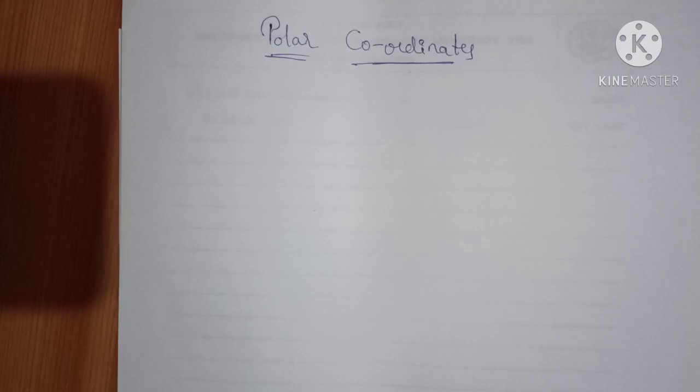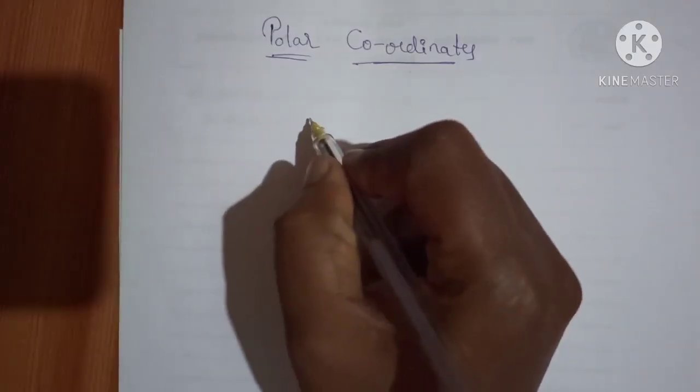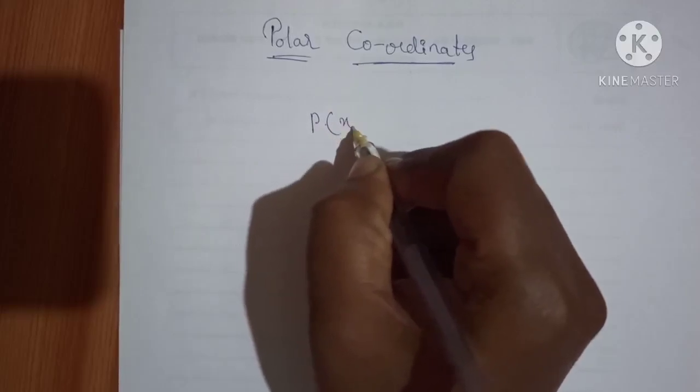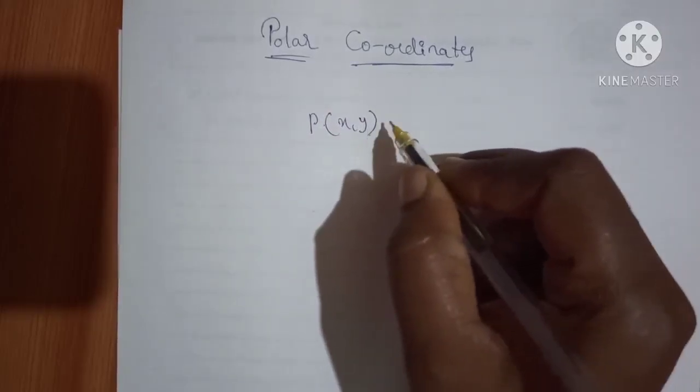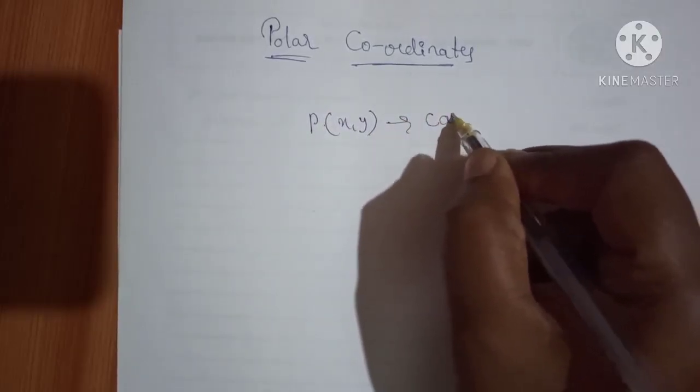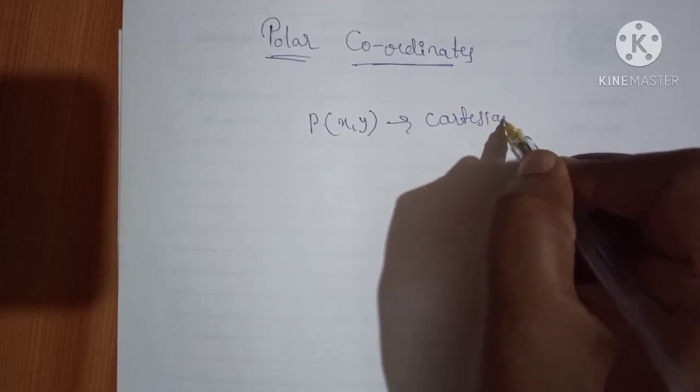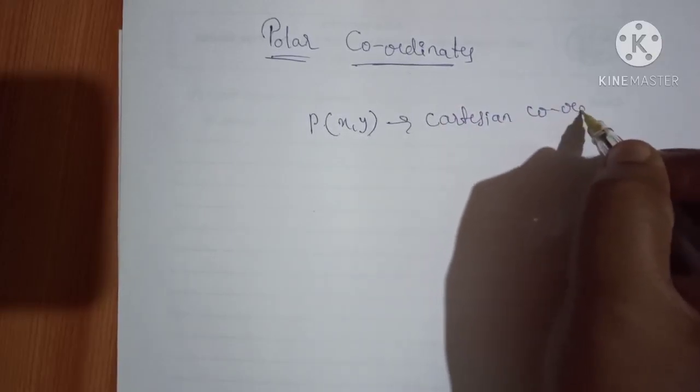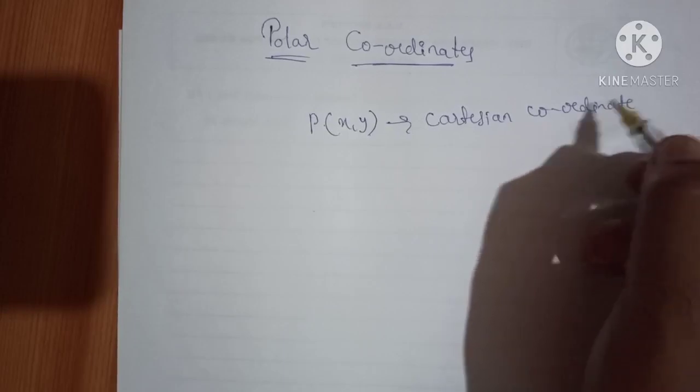Today we shall start a new topic, polar coordinates. We are all familiar with the Cartesian coordinate system, where we denote a point by x comma y. This system is called the Cartesian coordinate system.